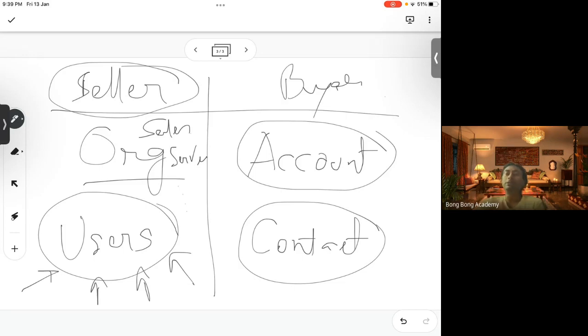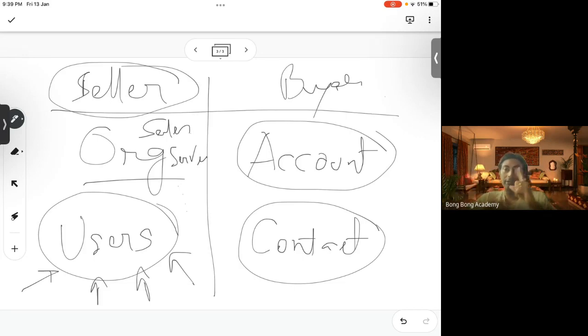Relationships between two tables can be of 3 types: one-to-one, one-to-many, and many-to-many. What is one-to-one? What is one-to-many? What is many-to-many? One-to-one means one row of a table is associated to only one row of another table.